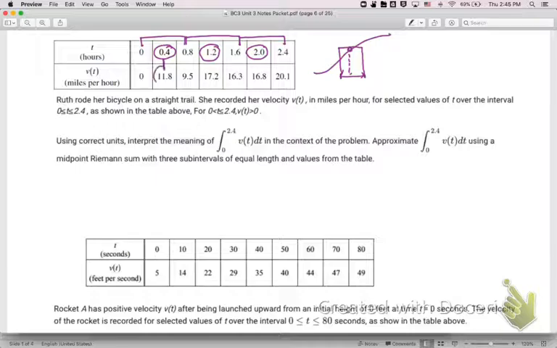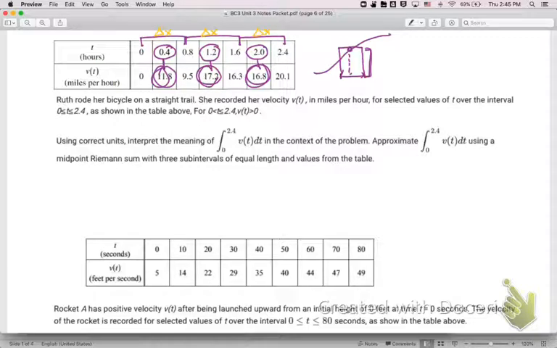That's going to tell you where to find your height. So these are the height values that we want. That's our height of our rectangle right here. That's f of whatever the midpoint is, or v of the midpoint in this case. And then the width is still going to be just delta x. So right here we've got delta x, delta x, delta x, and they appear to be all equal in this case, 0.8, 0.8, 0.8. This is just rectangles, not trapezoids.